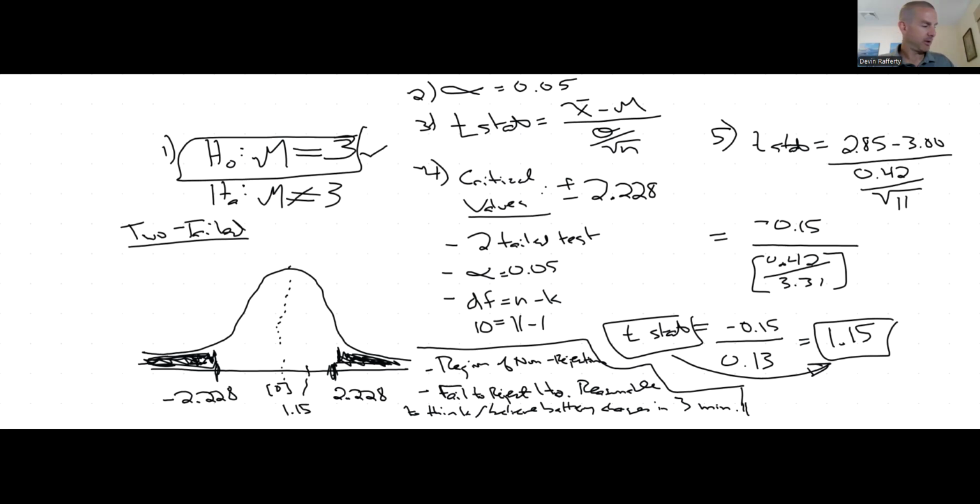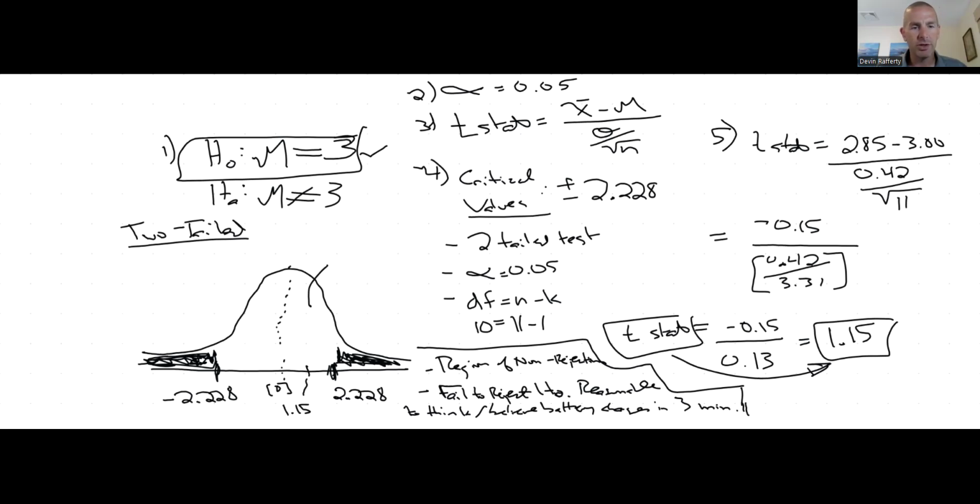That's it. Our test statistic 1.15 is right here. That falls into the region of non-rejection. Let me erase that, I am just messing this up right there.